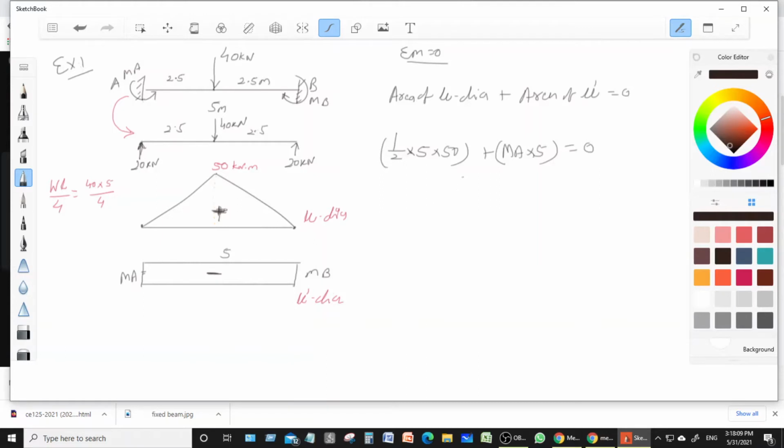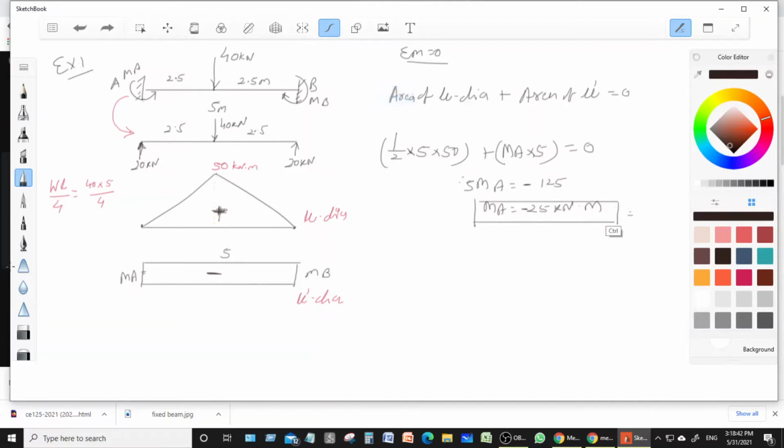So it means 5 Ma is equal to minus 125, sorry, 250 divided by 2, that is 125. So Ma is equal to minus 25 kilonewton meter. This is your moment Ma, and the same will be Mb.